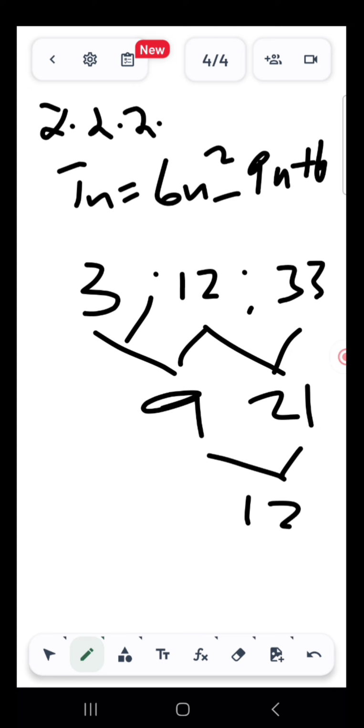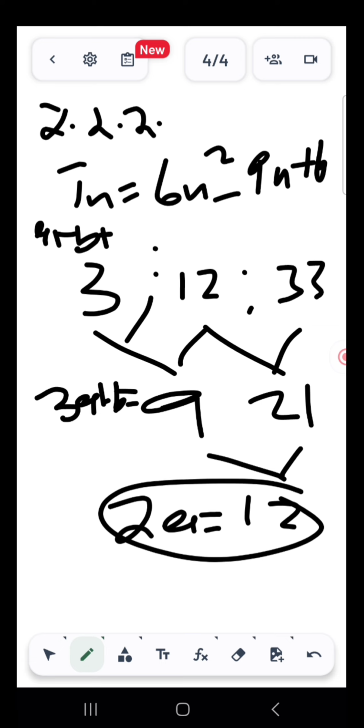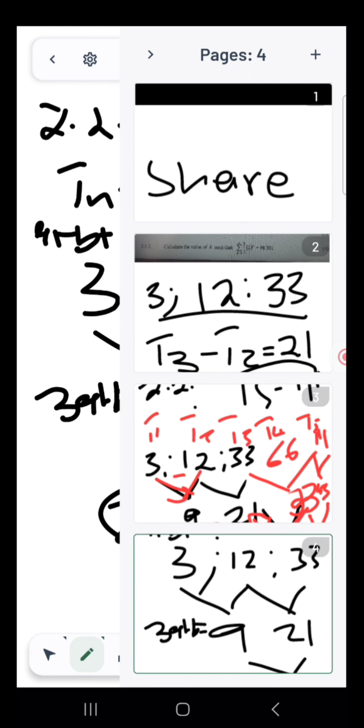If you remember the formula for the general term of a quadratic, 2a will be equal to the last row, 3a plus b will be equal to the second row, and a plus b plus c will be equal to the third row. We must solve these equations. Let's open another page.